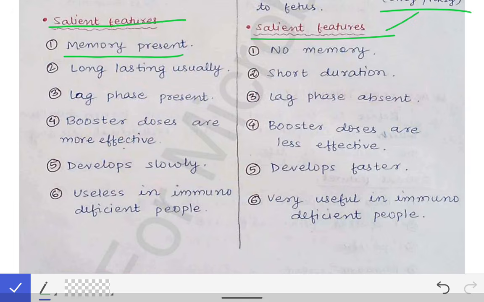While in passive immunity, as the host is getting immunoglobulin from outside, no memory is present, because the host's immune system is not involved in the production of the immunoglobulin. So there is no memory.